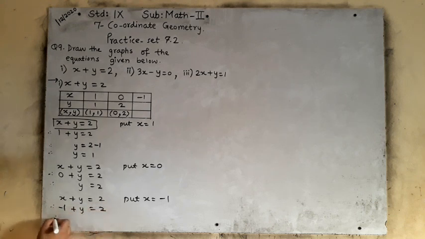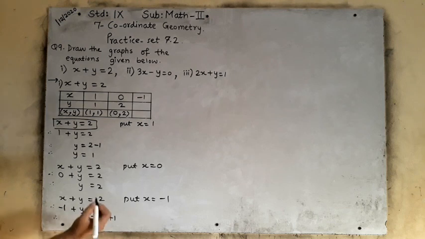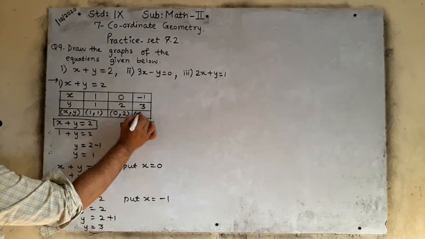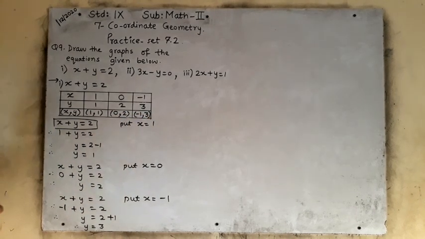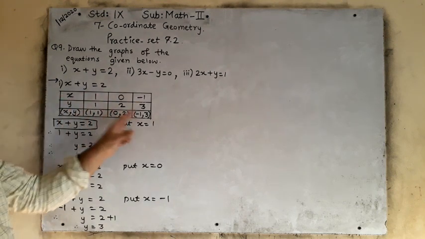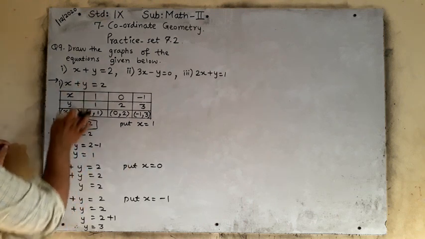So therefore y is equals to 2 plus 1, so y is equals to 3. So what you will write here, x coordinate is -1 and y coordinate is 3. So this is how you have to draw a table and you have to solve minimum these 3 coordinates, 3 columns, by utilizing the same equation.